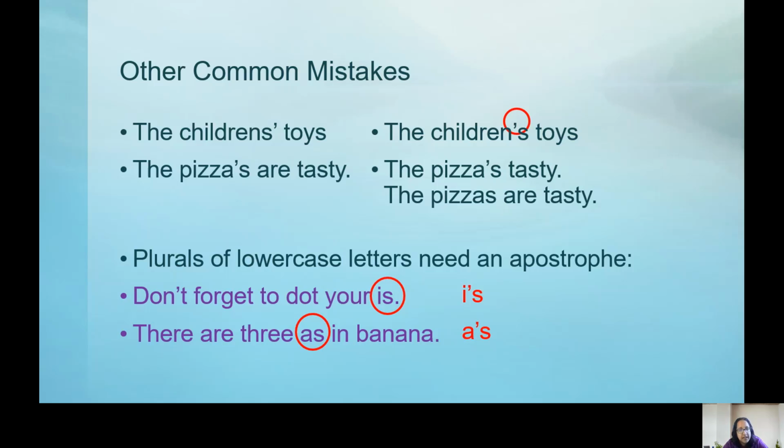Ah, that's better. Don't forget to dot your i's. There are 3 a's in banana. So we do need to put an apostrophe to show the plural of a lowercase letter. That's the exception.